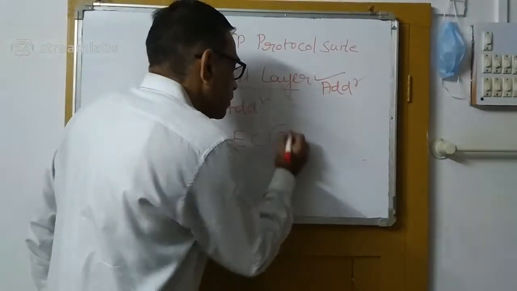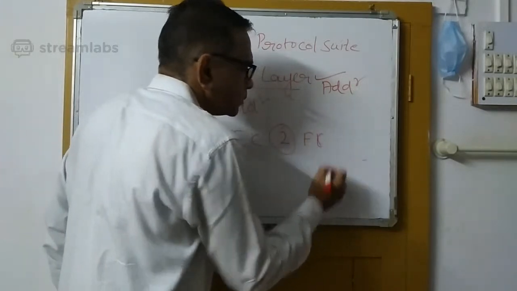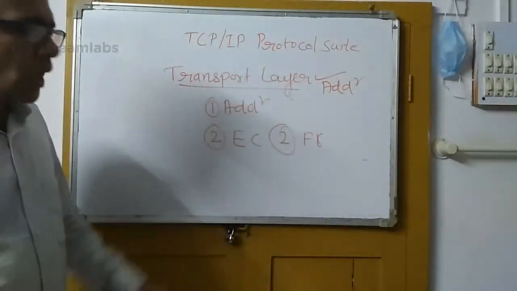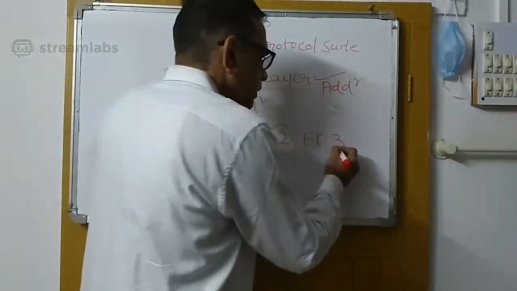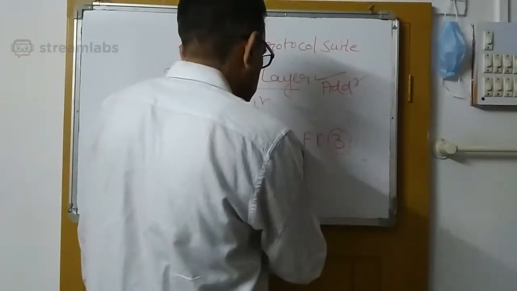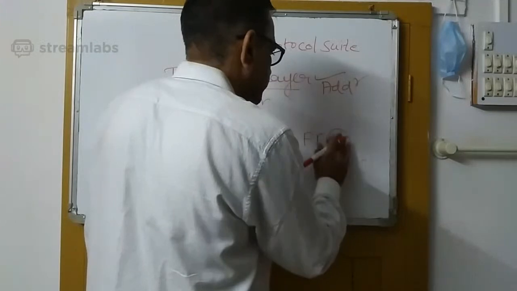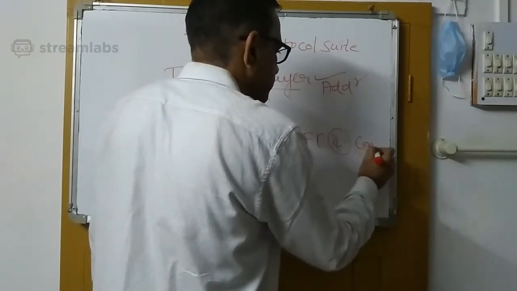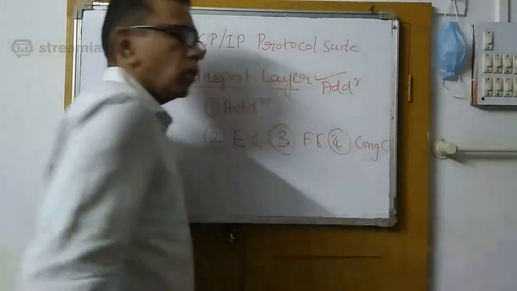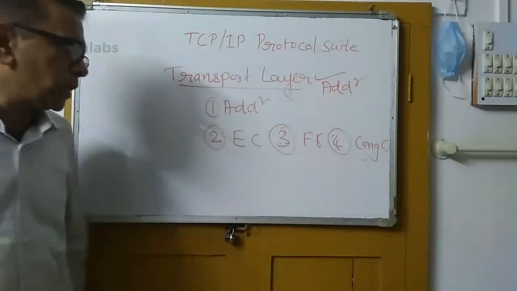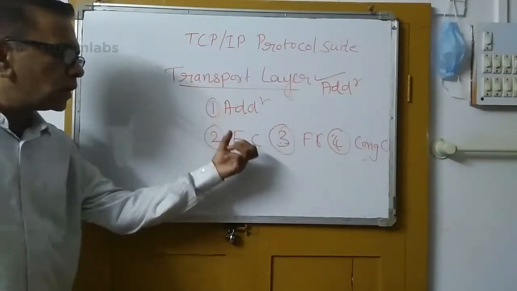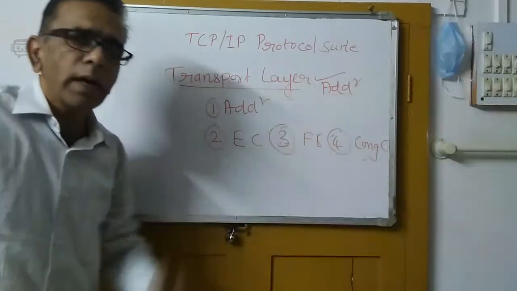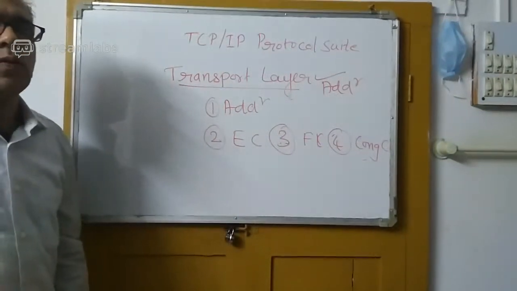Next task is flow control. I will add one more control to this, that is congestion control. The third thing is congestion control. So addressing, error control, flow control and congestion control.